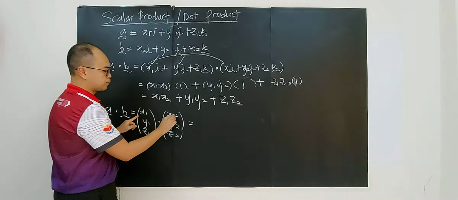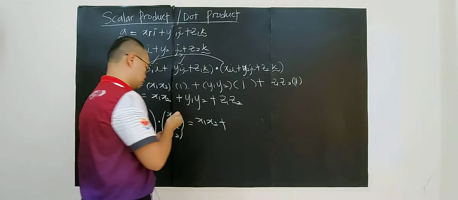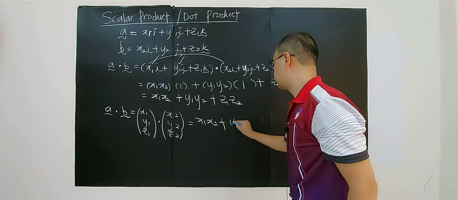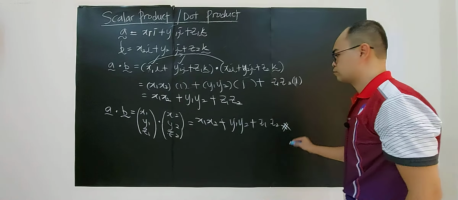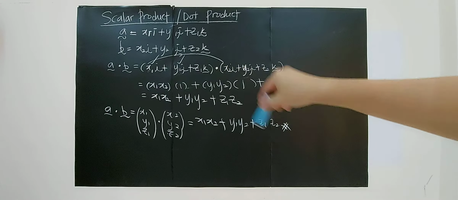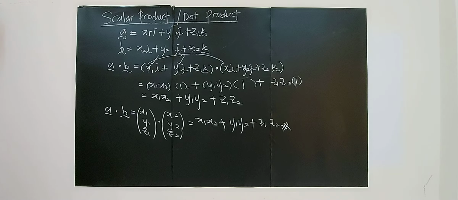You just multiply x1 with x2, y1 with y2, and add up z1 with z2. It's a lot easier after the derivation. Later you just apply this method to find the scalar product. So now you know the reason why you can multiply and just add up, because of the hard work you did just now. Later on, I'm going to show you how to multiply two vectors by using scalar product. See you in the next video.